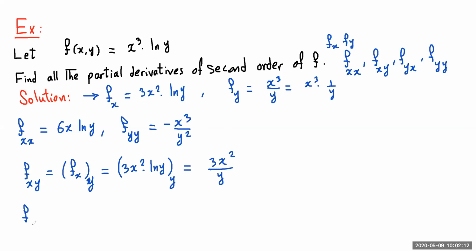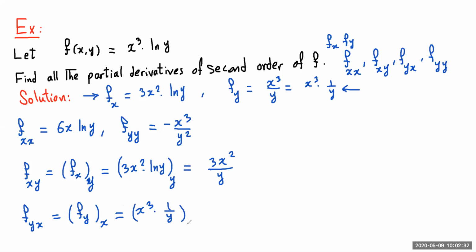Let's calculate fyx. So this is fy, then the partial derivative with respect to x. So fy is given here: x power 3 times 1 over y.